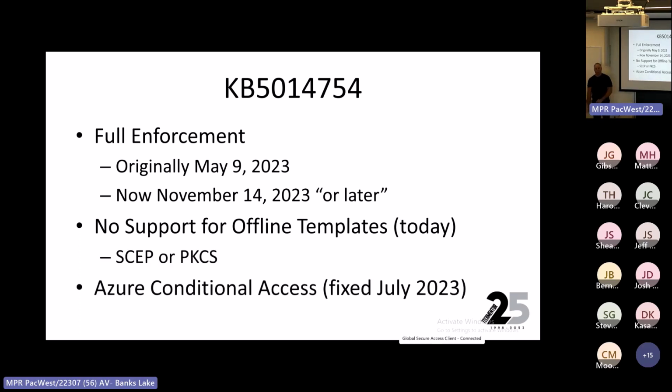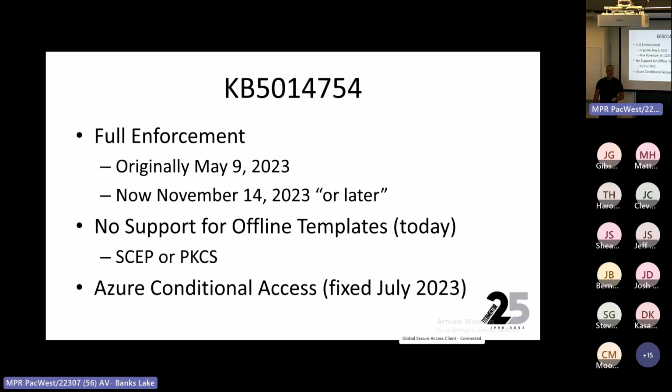It was a problem for Azure conditional access as well, because you could set up Azure CA policies for authentication, and basically that works for VPN. The way that works is that Azure issues a short-lived certificate to your device or to your user, and that is presented for authentication.